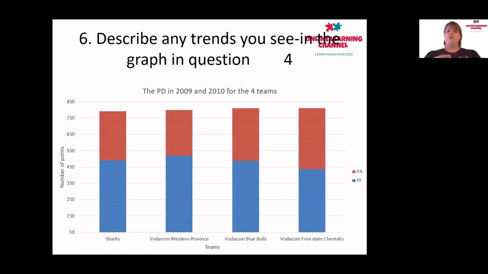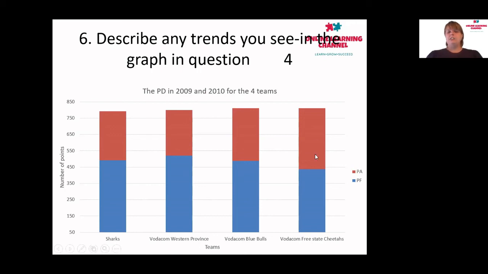All 4 teams' average points against and points for are almost the exact same. You can see that these 4 teams are on the same level. They play very good rugby. The rugby for and against is basically normal.